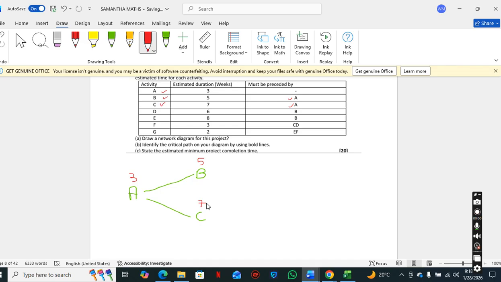Next we have activity D, 6 weeks, preceded by activity B. So you know activity D comes after activity B. So put here activity D. How many weeks? 6 weeks. So you're going to put 6 weeks here.